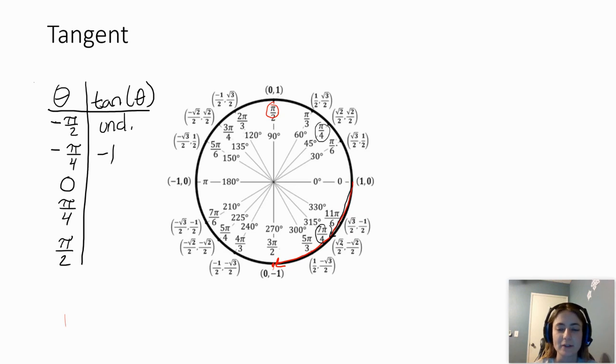So we're dividing by the same number. And then at 0, y over x, that's just going to be 0. At pi over 4, again, that is going to be positive 1. And then at pi over 2, here we'll get 1 over 0, which is undefined.